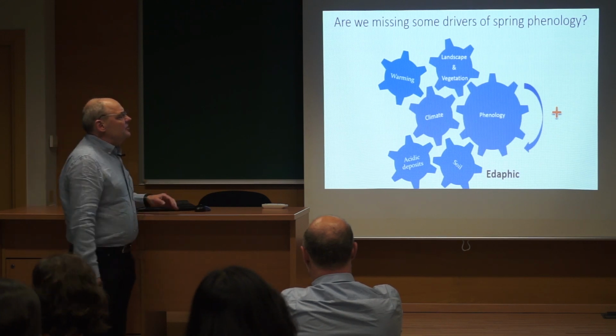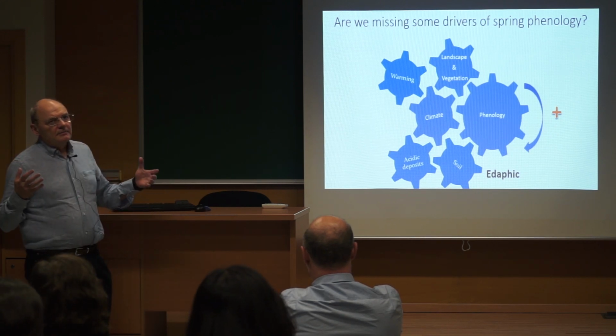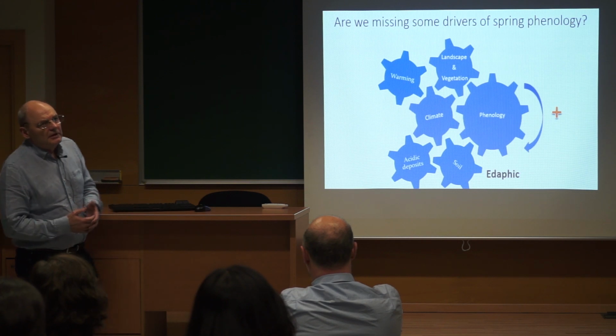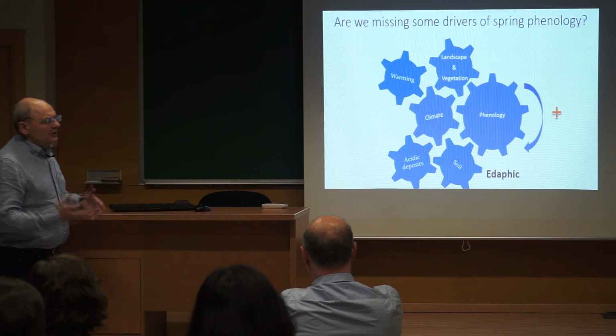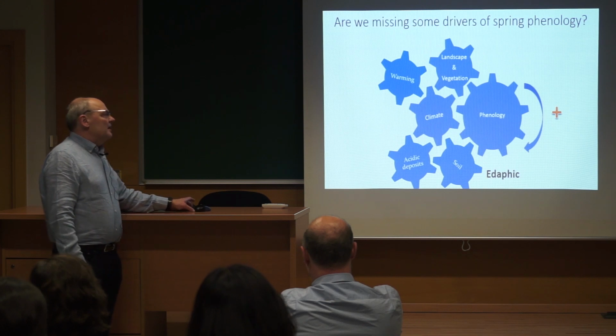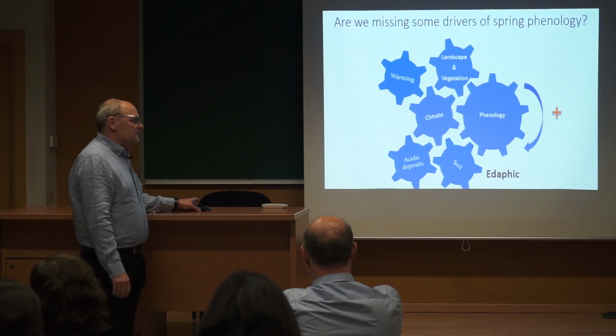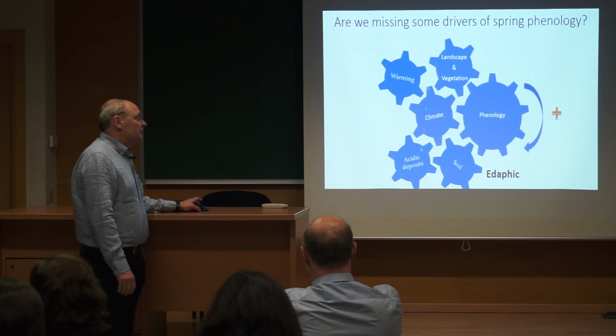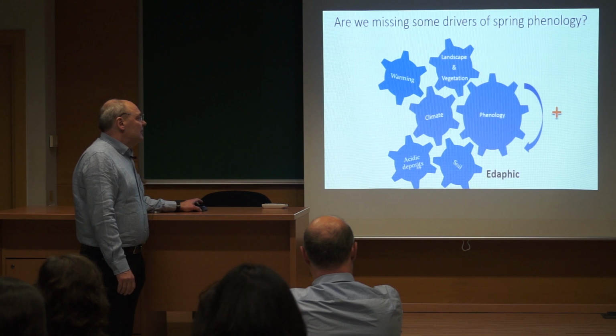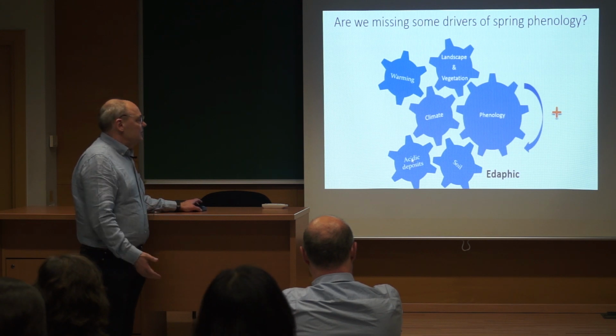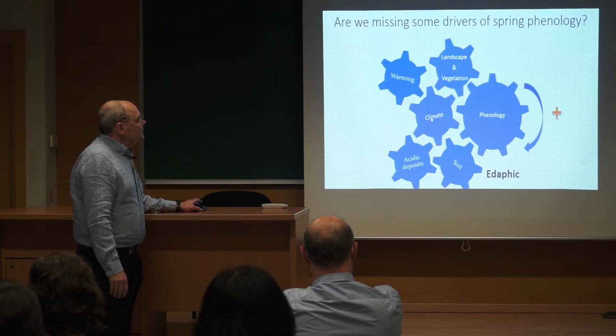But looking at this picture, if you look at the geographic distribution of phenologic phases, you really don't know how much of the changes in phenologic phases was caused just by temperature, how much was caused by landscape features, maybe soil, or changes in acidic deposits.